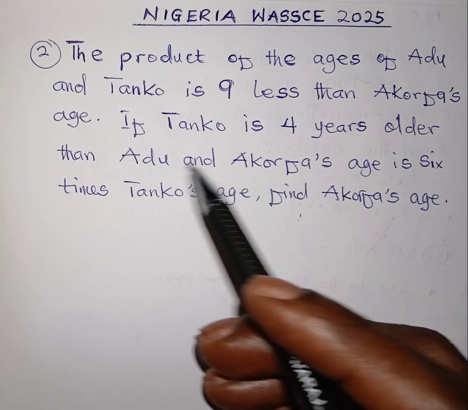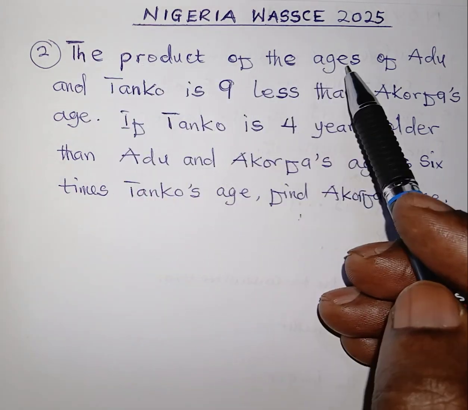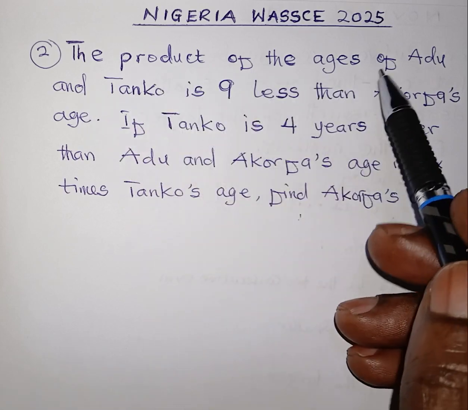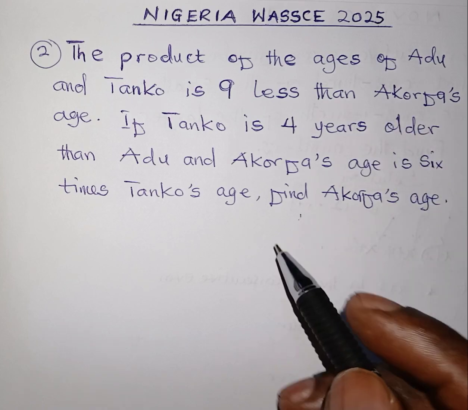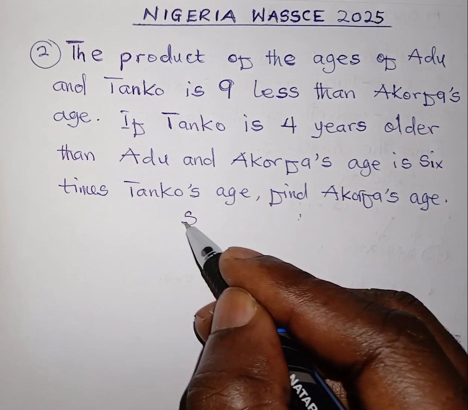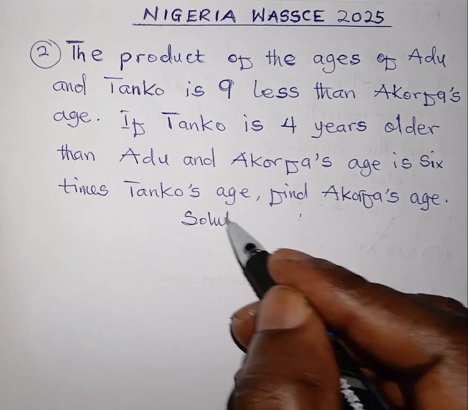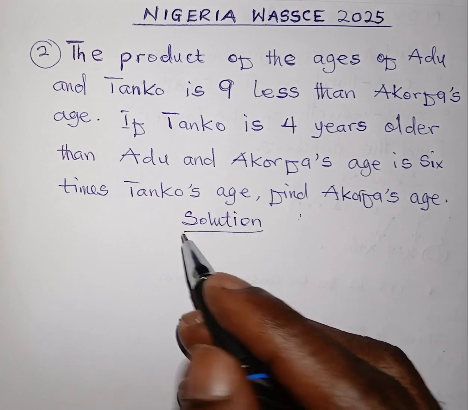In the first place, we are saying the product of the ages of Edu and Tanko. How many people are we mentioning? We are mentioning Edu, Tanko, and Akofe. We don't know their actual ages, so let's use some letters to represent their ages.